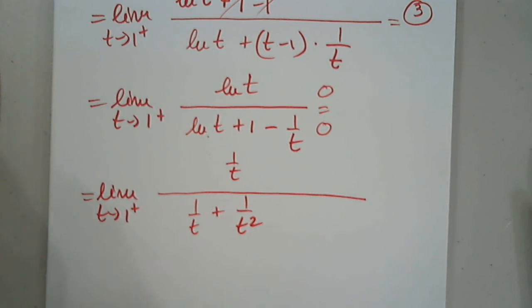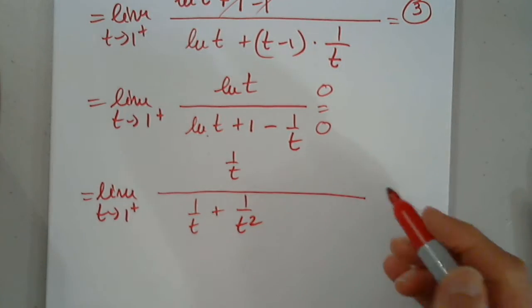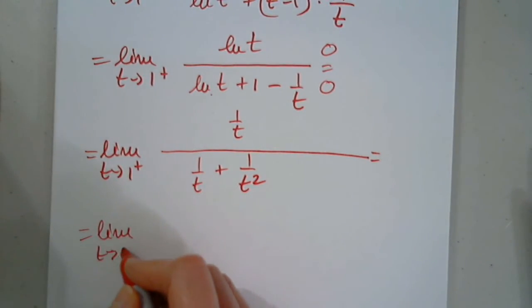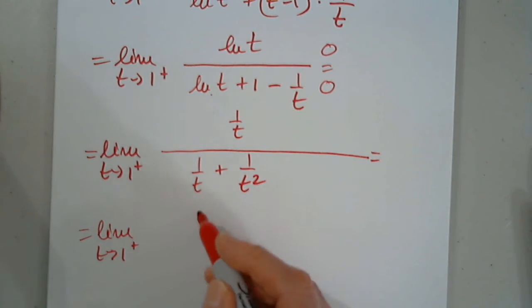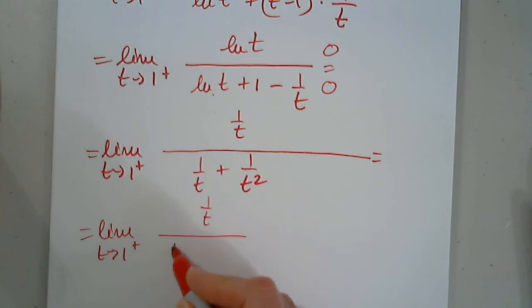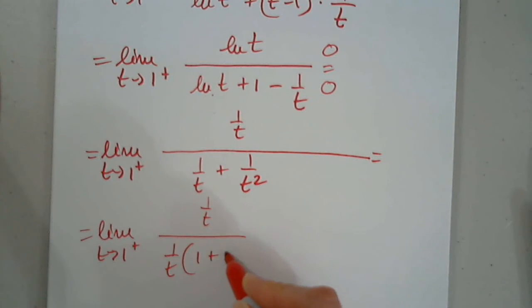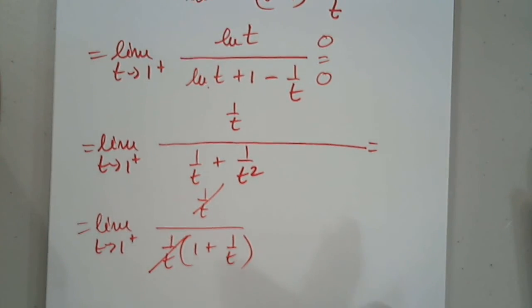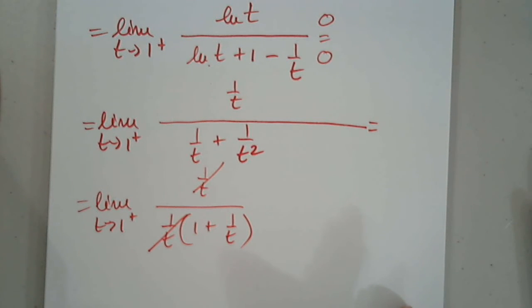Good. At this point, I see the denominator has 1 over t in common. So limit as t approaches 1 from the right, 1 over t over 1 over t times 1 plus 1 over t. I cancel 1 over t from the top with 1 over t from the denominator, because they are factors.